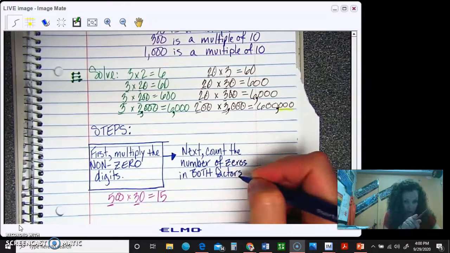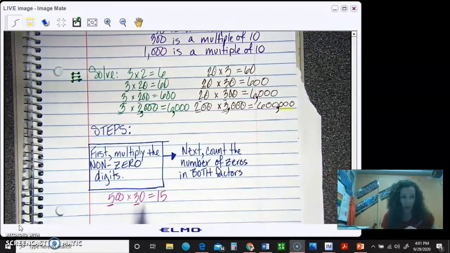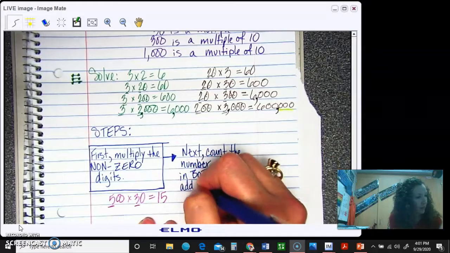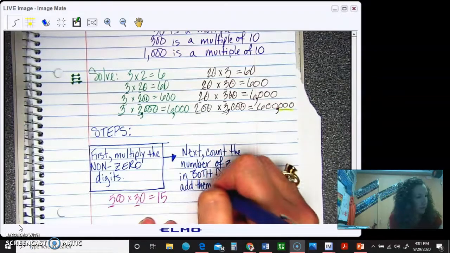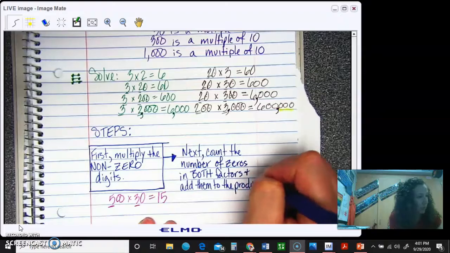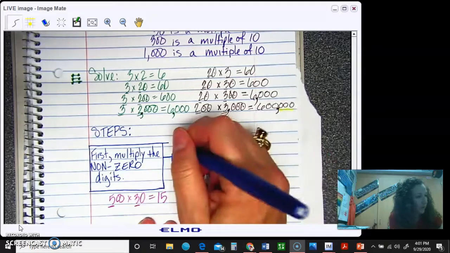You should know factor if you listened and watched and wrote your Topic 3 vocabulary notes. Factors, the numbers being multiplied together, okay? Next, count the number of zeros in both factors and add them to the product.